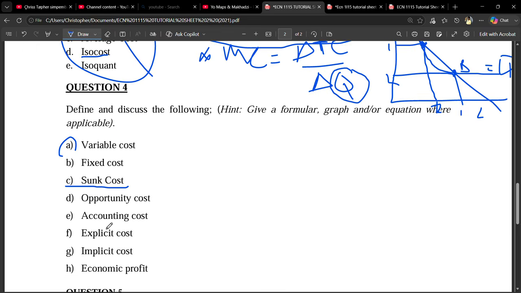What is opportunity cost? An opportunity cost is simply the best alternative that is forgone in terms of making a decision. Of course, you have decisions, right? You have alternatives. Whenever you're making a decision, we know that humans have unlimited wants, but the resources are limited.